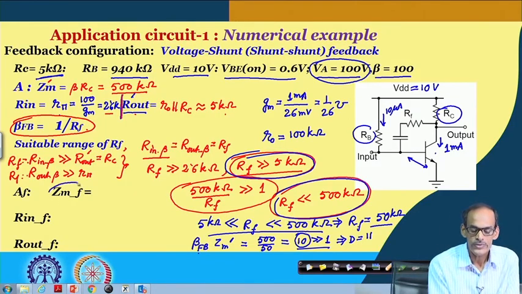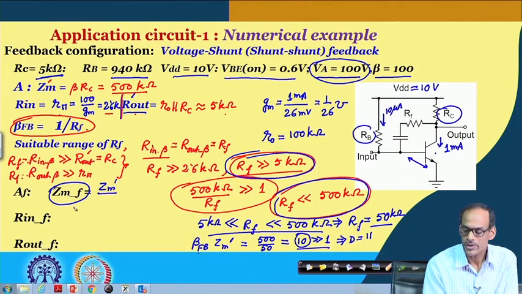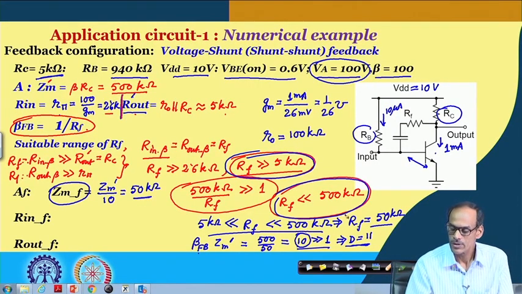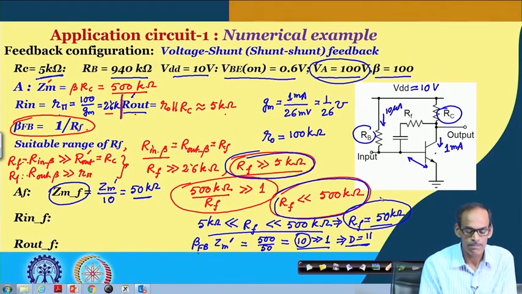So, we can say that ZMF is Zm dashed divided by this desensitization factor, or approximately divided by 10, and this is equal to 50 K, which is same as the value of this RF.